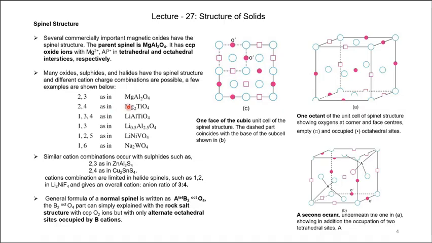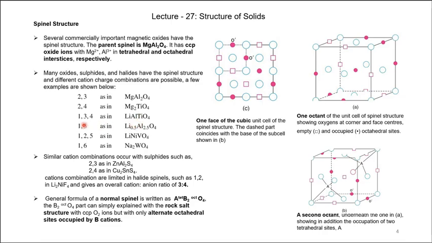If we take magnesium titanium oxide, which is also spinel, here we can see the cation oxidation states 2, 4. And if we take lithium aluminum titanium oxide, which is also a spinel structure, we can see the cation oxidation states 1, 3, and 4.